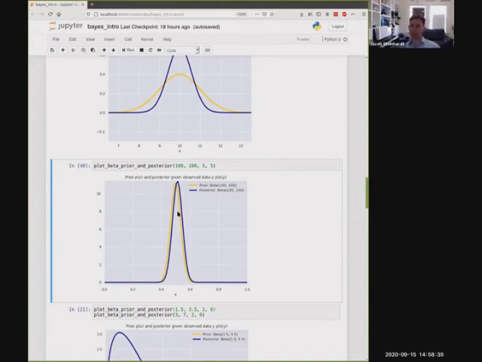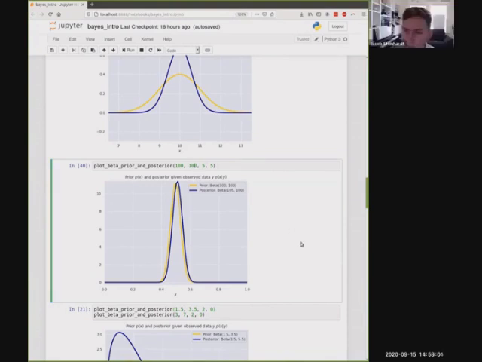And so even after I see 5 more positive reviews, I'm still going to be pretty confident, and I'm not going to move much. You can think of the parameters of the beta distribution as pseudo observations, where I'm pretending I've so far observed 100 positive reviews and 100 negative reviews. And so if I observe 5 more positive reviews, that doesn't change things too much.